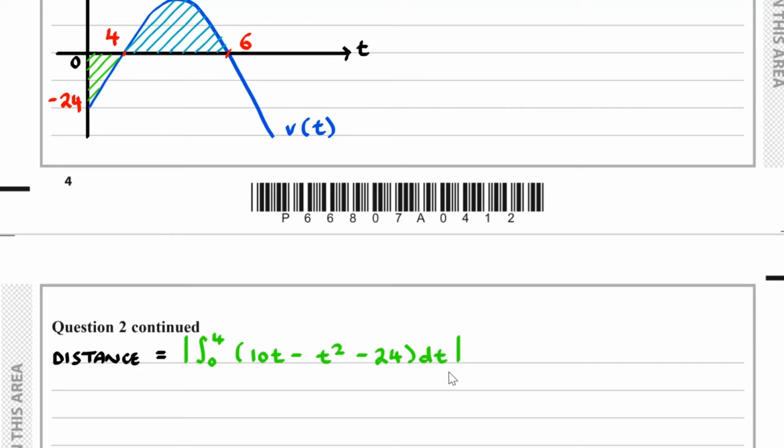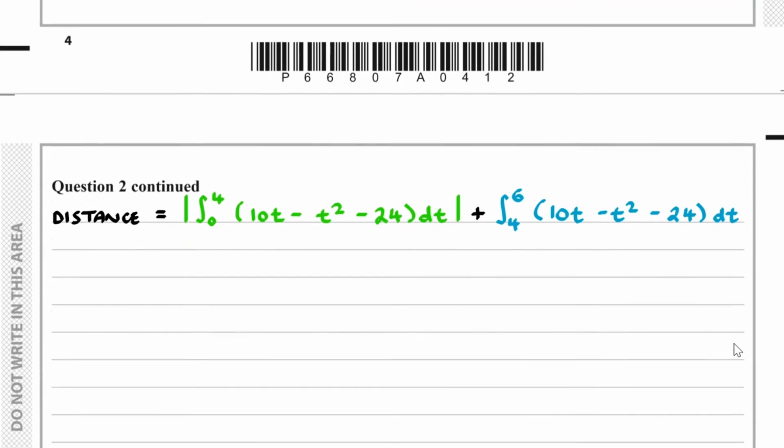Of course, we take the absolute value of that, because otherwise we'd get a negative value, because integrating v tells us displacement. We will add on to this the integral from 4 to 6 of 10t minus t squared minus 24 with respect to t.